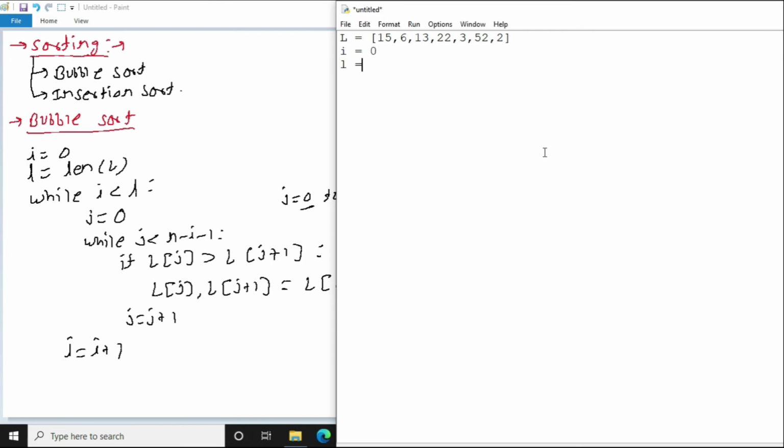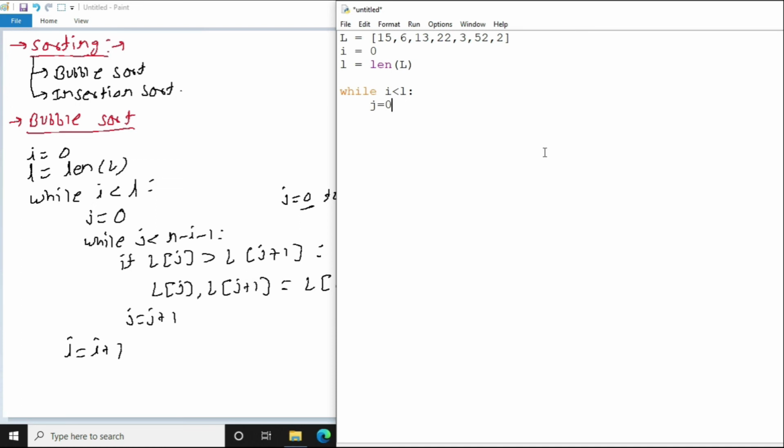Then the variable n will store the length of the list. After that, this is my while loop: while i is less than n, initialize j to 0 for every value of i.